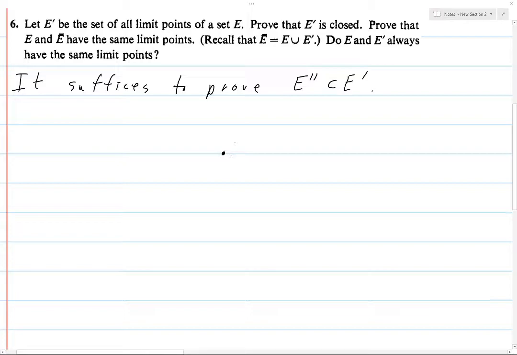Okay, so we want to prove that E double prime is in E prime. So let's take any element X of E double prime. Now, then X is a limit point of E prime, which means that if you choose any neighborhood of X, let's call it U. So U is a neighborhood of X. Remember, neighborhoods of points are open balls containing that point.